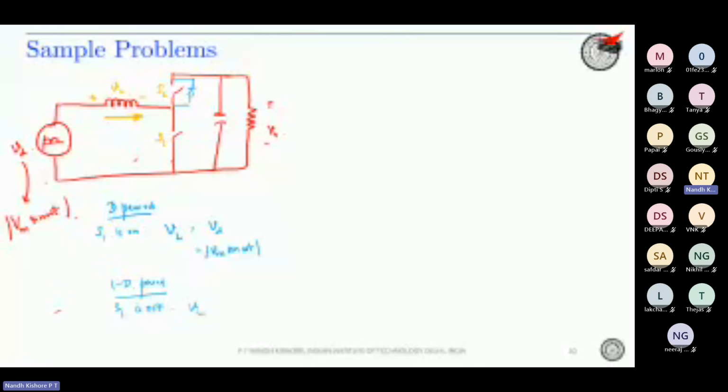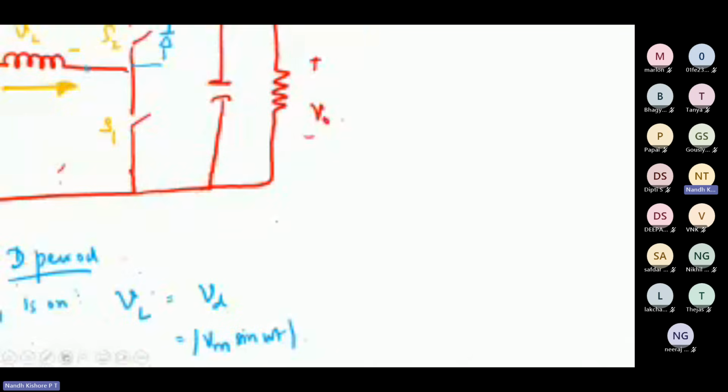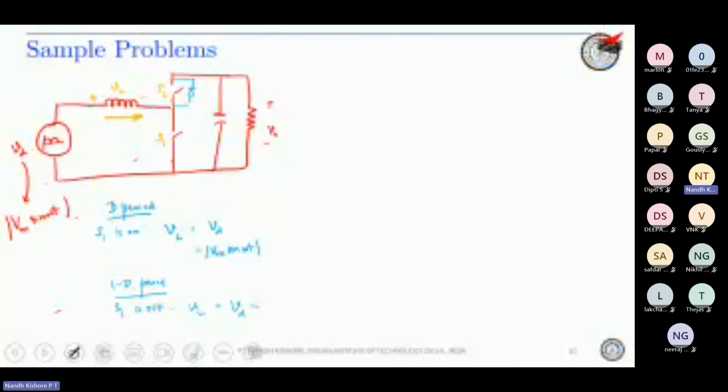Therefore, your VL is going to be VD on the left hand side, and on the right hand side, because S2 is on, there is V naught at this point. So VD is basically mod Vm sin omega t, and then you of course have V naught.